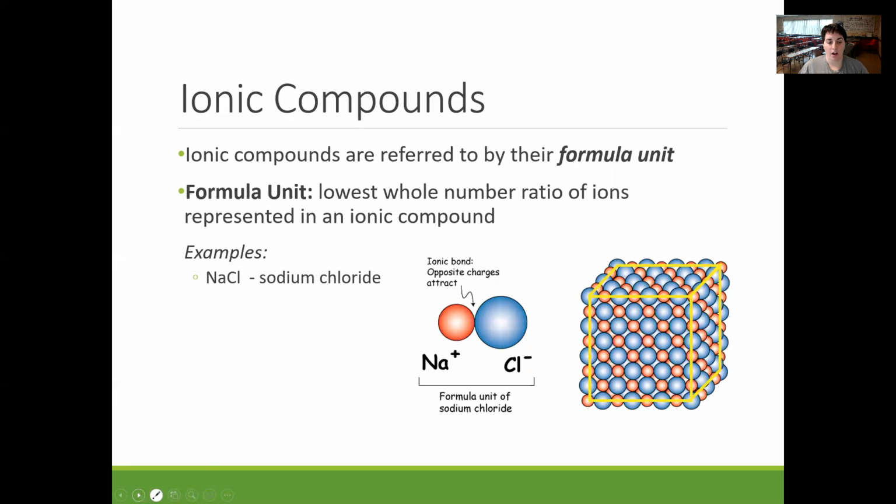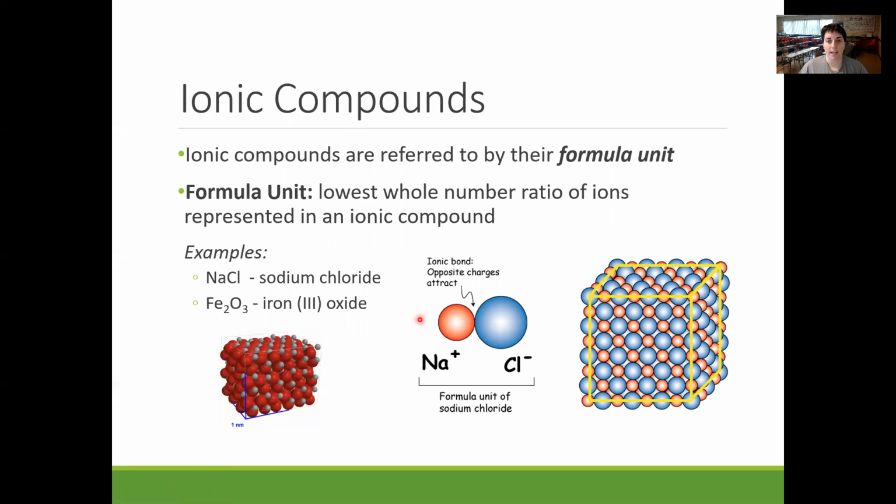When we talk about ionic compounds, we refer to them as formula units. A formula unit is the lowest whole number ratio of ions represented in an ionic compound. As you can see here, a whole crystal of sodiums and chlorines ionically bonded together forms this big grid, and it's repetitive.